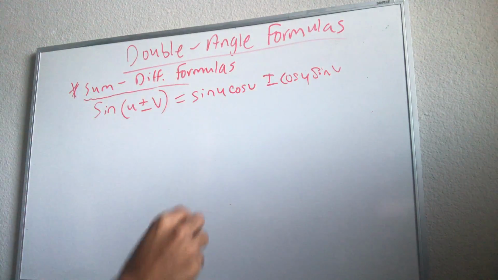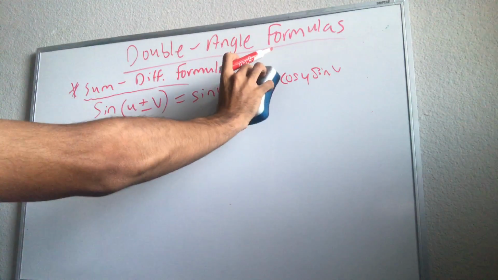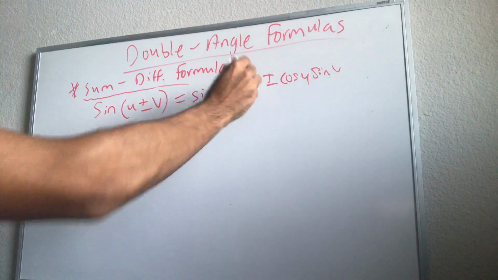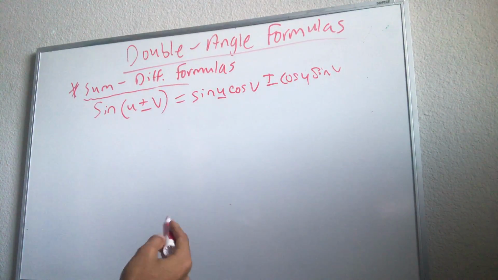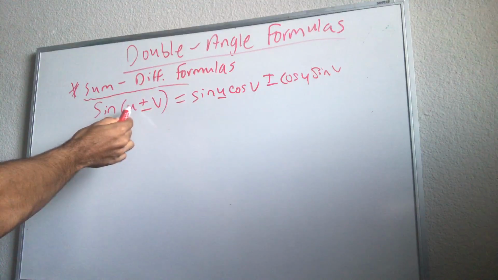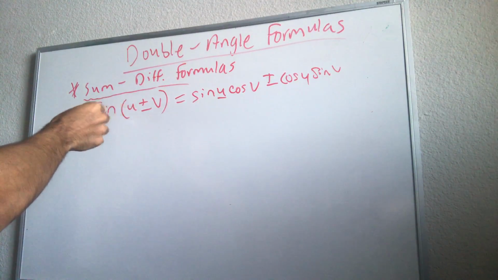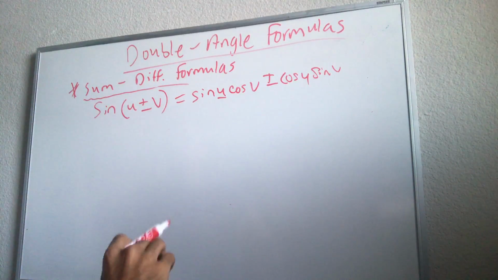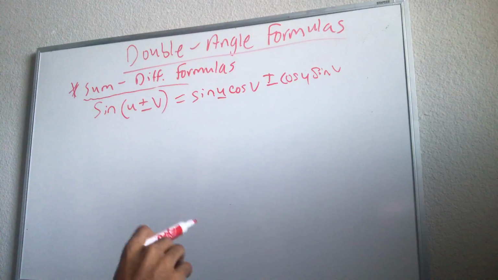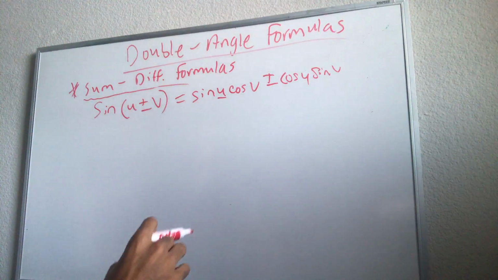I just don't want to confuse this. This is u and this is v. The easiest way I do it is sine u cosine v plus cosine u sine v. I know it must be sine u cosine v, and then cosine of the other angle and sine of the other angle.